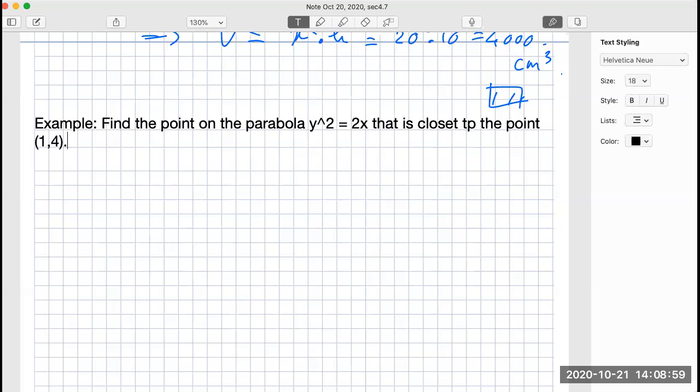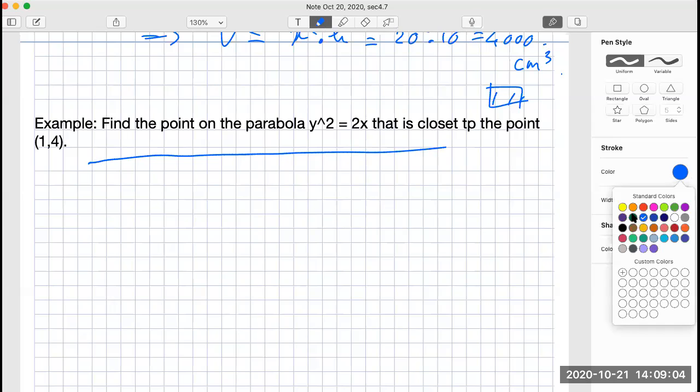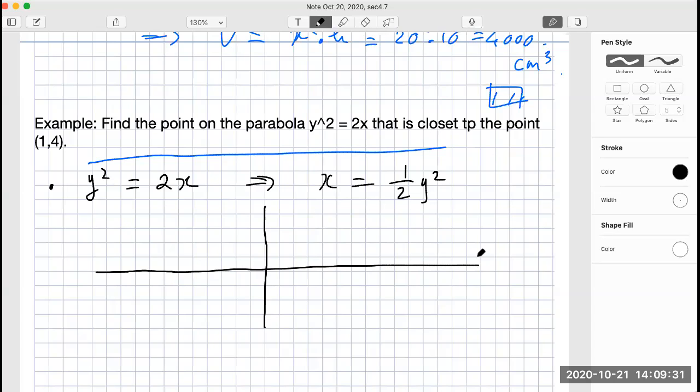Now let us look at the parabola y squared is equal to 2x. Then can we write x in terms of y? Right. Remember, normally we write y is x squared and the graph is like this.